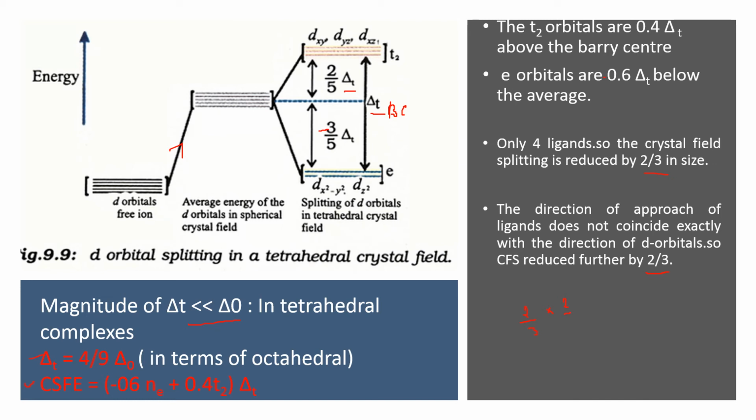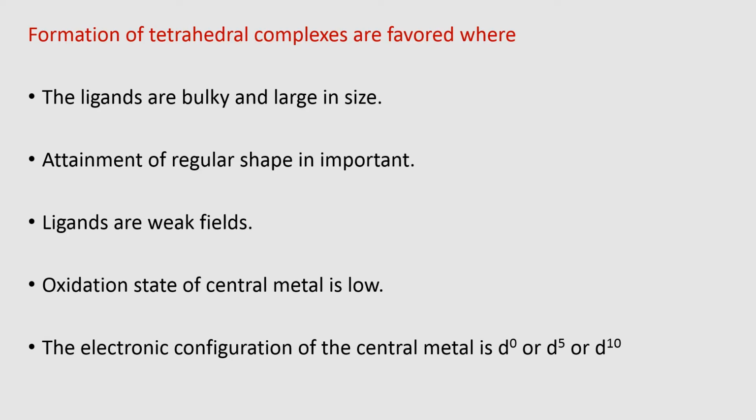So whenever you come across tetrahedral, it is always 4/9 times less than octahedral complexes. At the same time, if we discuss the order of filling of electrons, there is no differentiation between high spin and low spin complexes. All tetrahedral complexes form high spin only.